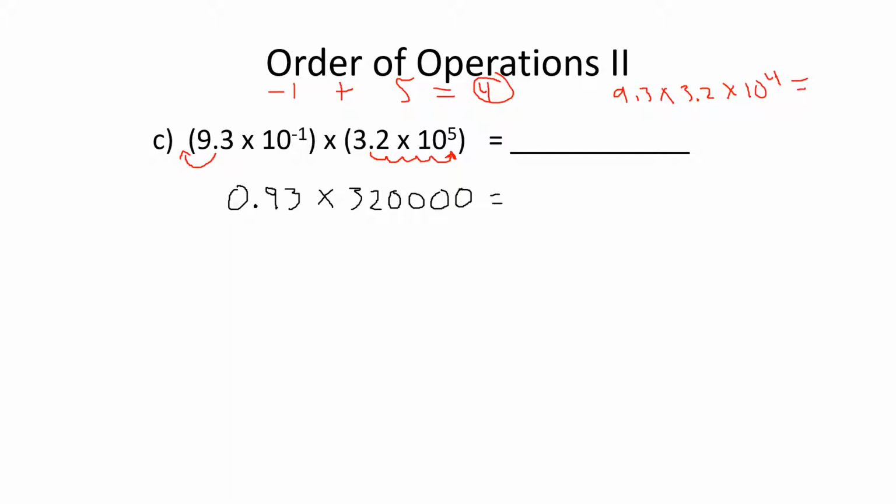Or, I converted everything back to decimal form and multiplied. If you want to do it this way, you can. So this is option 1, and this is option 2. Whichever is more comfortable for you.